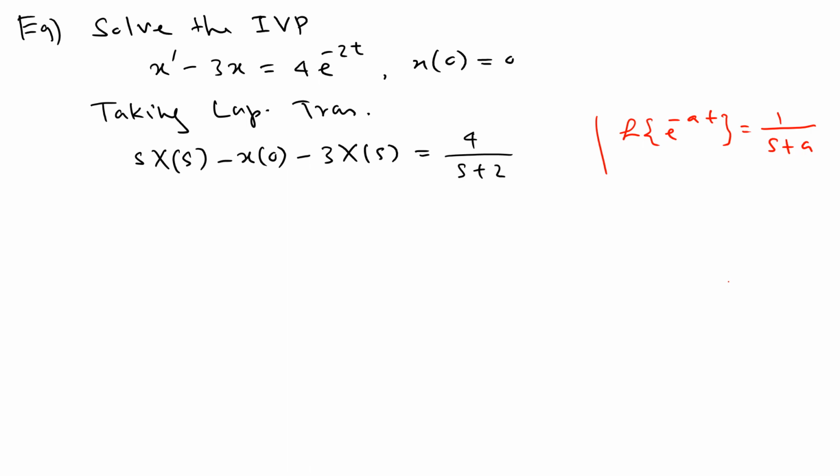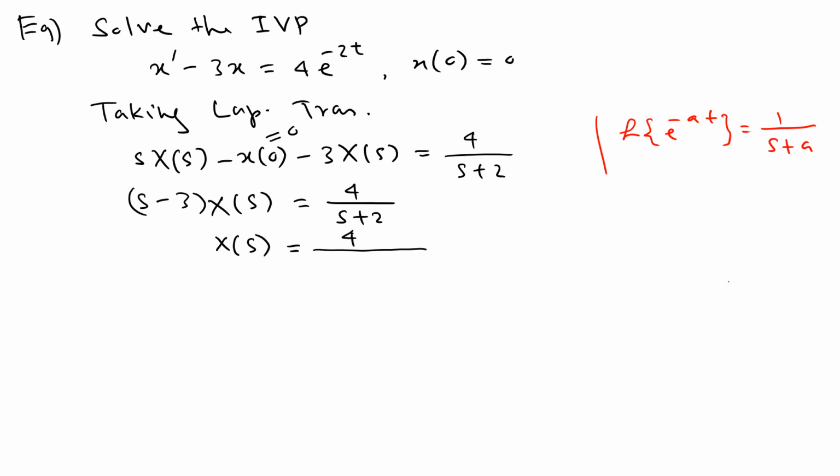And on this side, we know that x(0) equals 0, so that means this term is gone. So we have s minus 3 times X(s) equals 4 over s plus 2. That means X(s) is equal to 4 over (s minus 3) times (s plus 2).